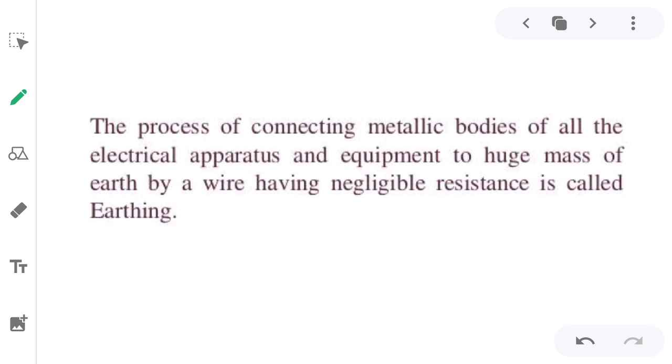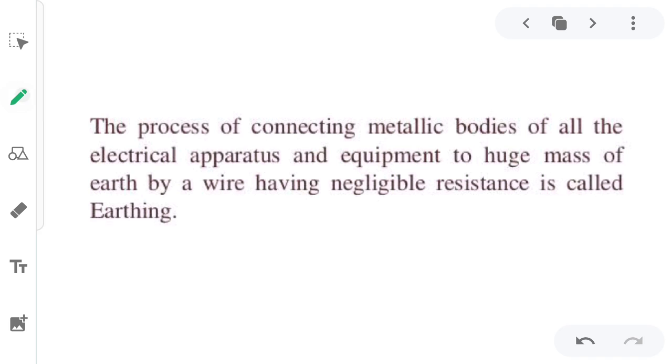Okay, so to protect him from the shock, we use earthing. So what is earthing? The process of connecting metallic bodies of all the electrical apparatus or equipments to the huge mass of earth by a wire of negligible resistance is called earthing.